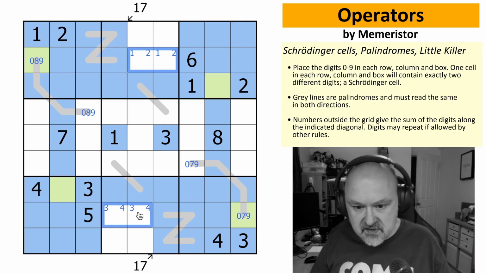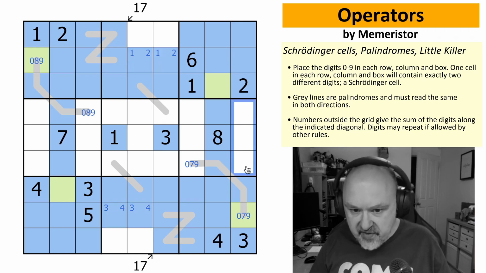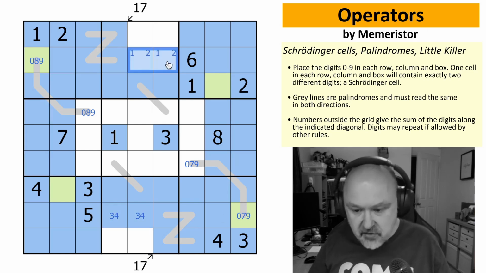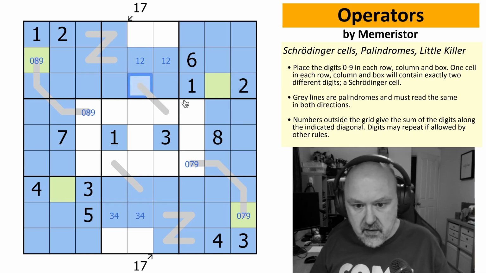So these cells are not Schrödinger cells. These cells are not Schrödinger cells. These are not Schrödinger cells. That's a 3-4 pair. These are not Schrödinger cells. That's a 1-2 pair. This is on a palindrome.